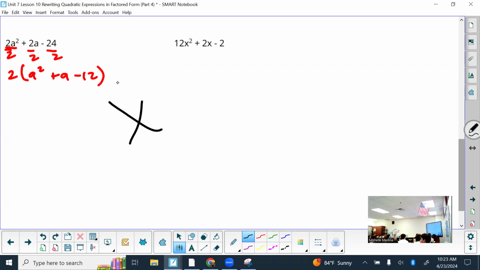This one we've done before, where a is 1 in front of the x squared term. But negative 12 on top, 1 on the bottom. What multiplies to negative 12 and adds to positive 1?